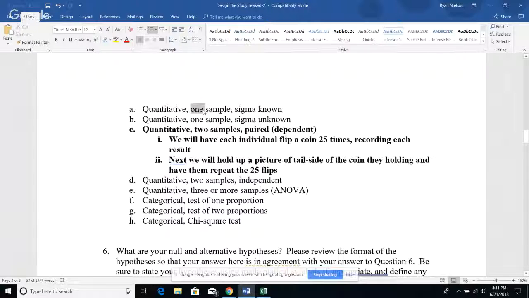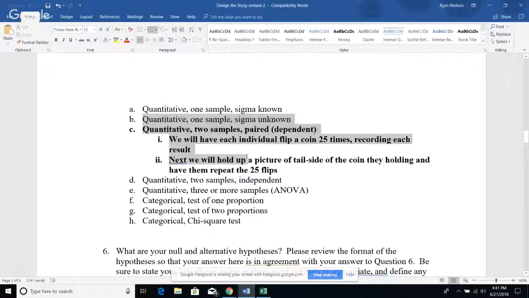But before, we had to estimate the standard deviation, so sigma wasn't given to us. Here, sigma was given to us, and so we had a very special type of test statistic. A hint: the only difference is when we're using the probability applet.